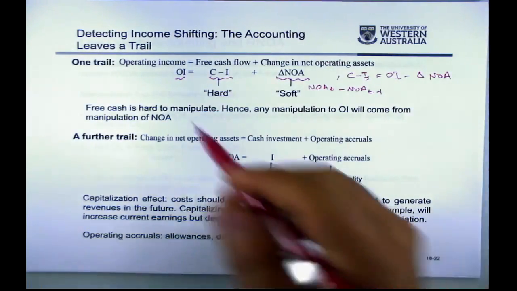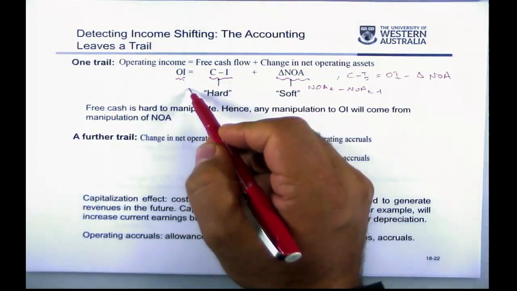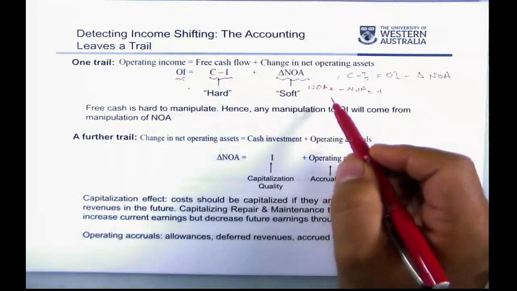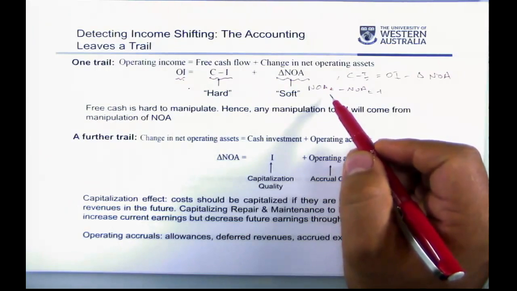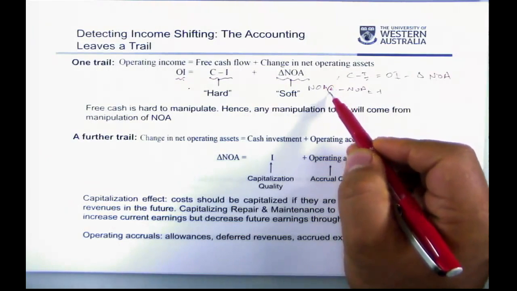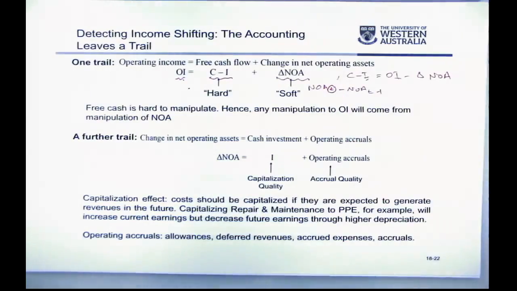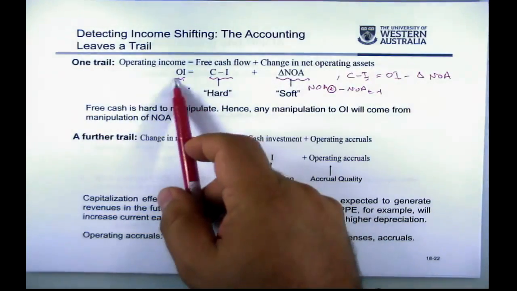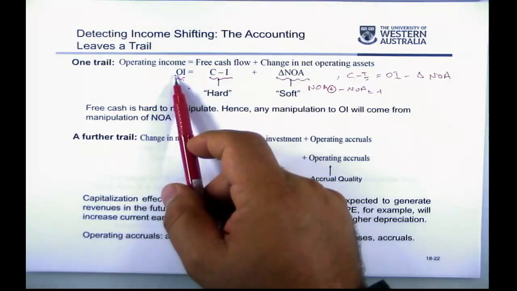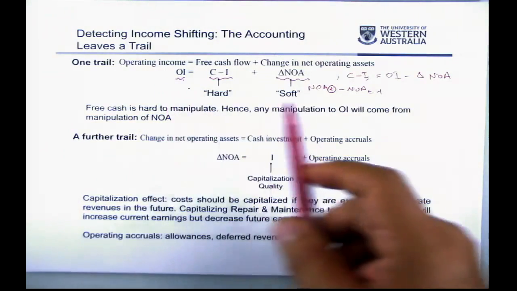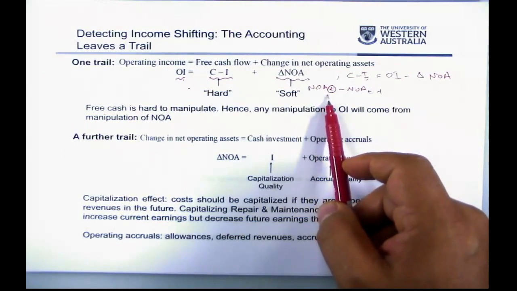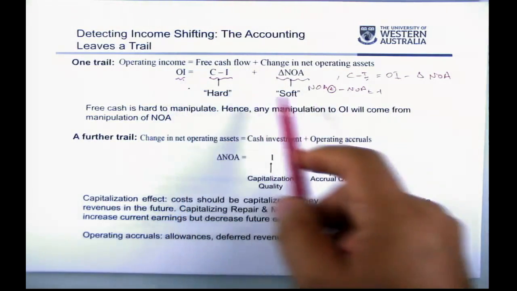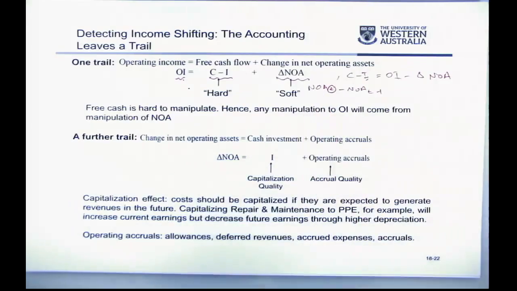So if there is a manipulation to operating income at time t, this manipulation will be associated with an increase or decrease to net operating assets at time t. So if we increase operating income by an amount, there will be a similar increase to the net operating assets at that time. If we decrease this one, we have a decrease here.